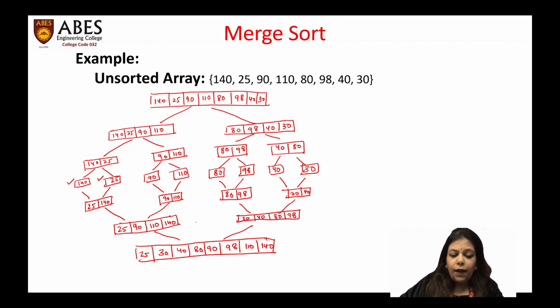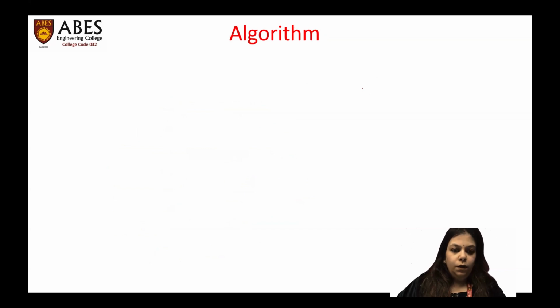So let us now try to understand the procedure in which we have to merge the two sorted arrays. Let us take this as an example. Now suppose we want to merge two sorted arrays. But the sorted arrays are only stored in the original array itself.